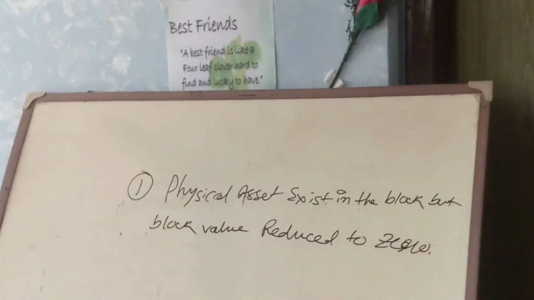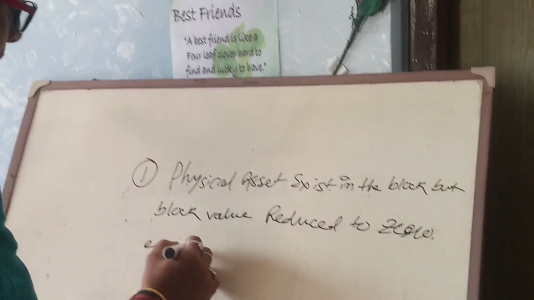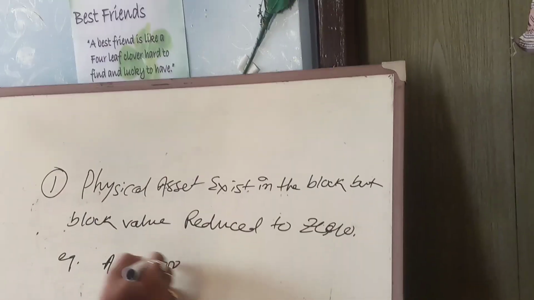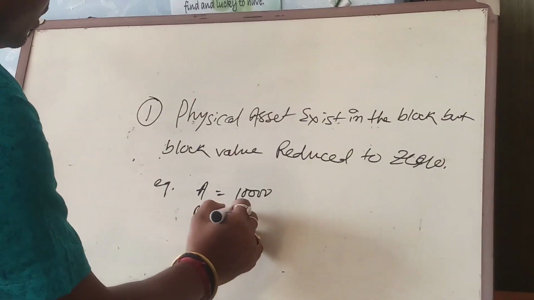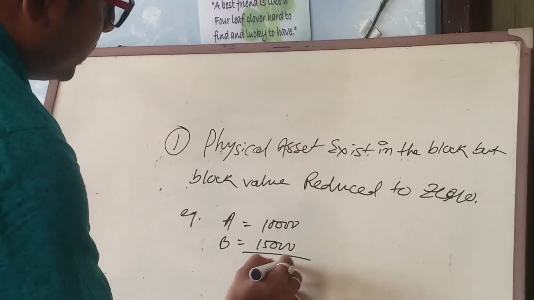What is that particular situation? Say for example, one block consists of A 10,000, B 15,000, total block value 25,000.